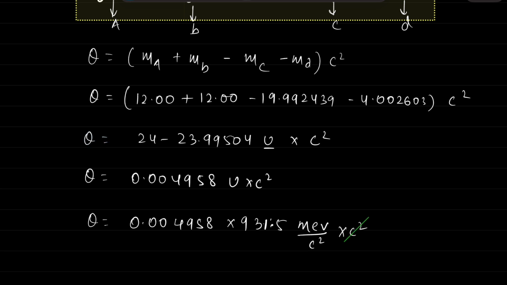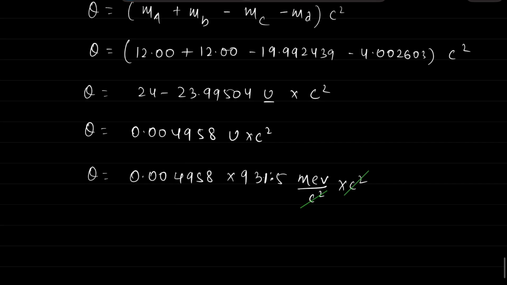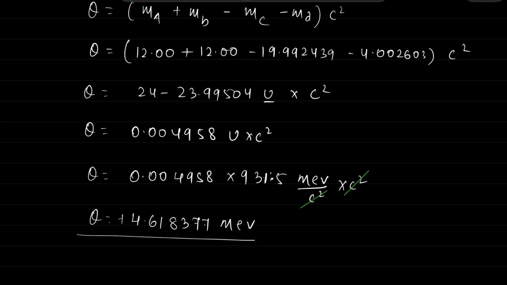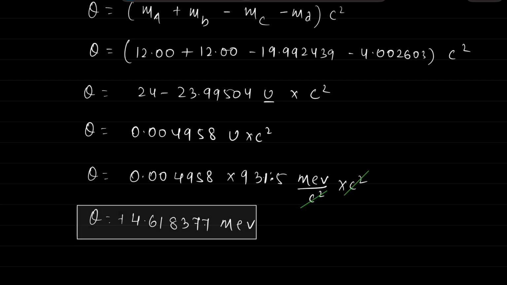These two c squared cancel. So Q is equal to 4.618377 MeV. Here you see we are getting a positive sign. Positive represents an exothermic reaction. So this is the example of an exothermic reaction. This is the answer of this question.